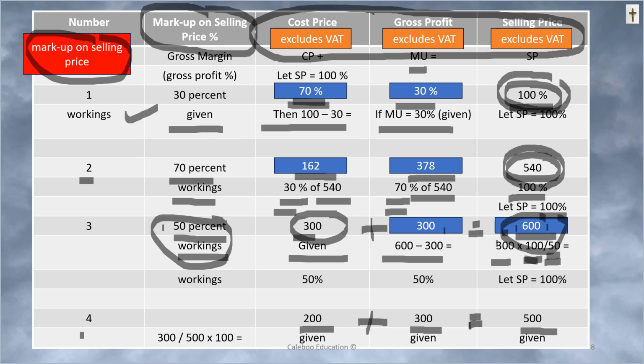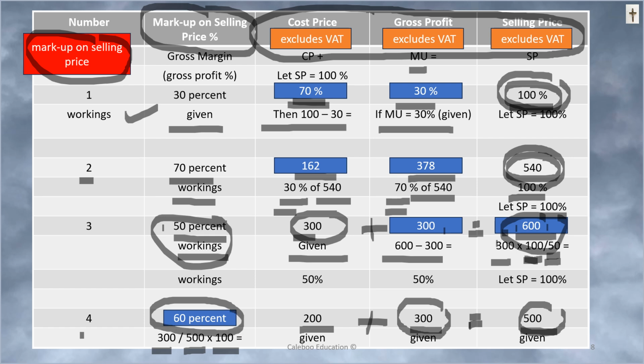Very easy. The markup is 300. The selling price is 500. Markup on selling price, and we want a percentage, so we multiply by 100. And the percent is 60%. So there you have it.